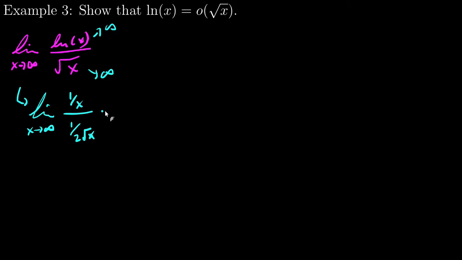But let's clean this up. If I clean this up doing some algebra, I'll actually be able to evaluate the limit and kick out of this early. So that's equal to the limit as x approaches infinity. 1 over x means that I'll have an x in the denominator, and divided by 1 over 2 root x, I can flip it around and multiply by the reciprocal and get a 2 root x in the numerator.